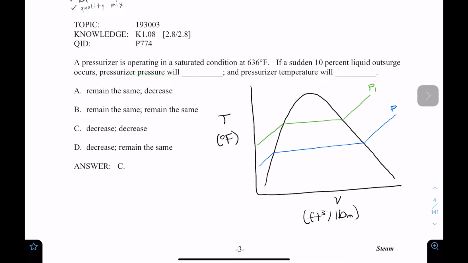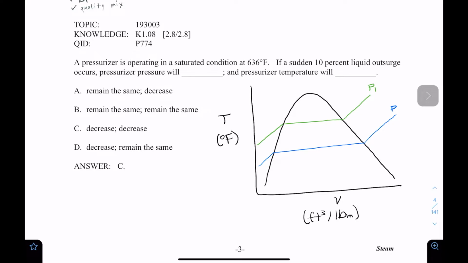Pressurizer pressure and pressurizer temperature. So we have to remember that, right? I hope we can remember that part because that's an important part.